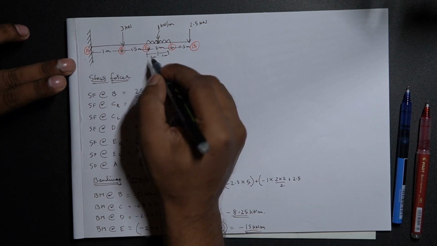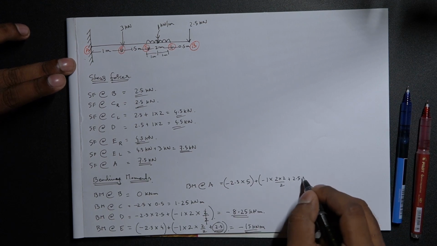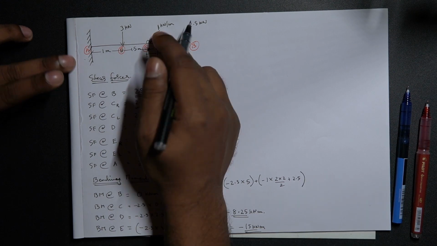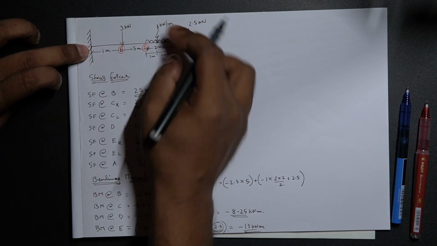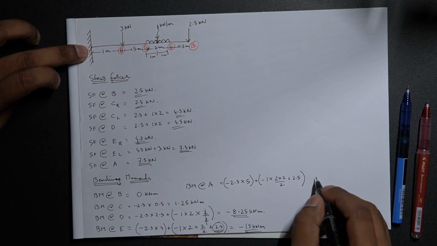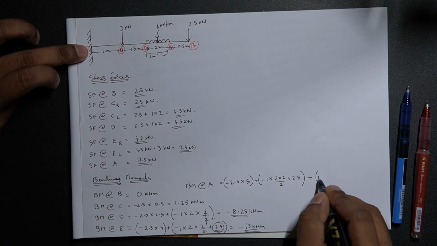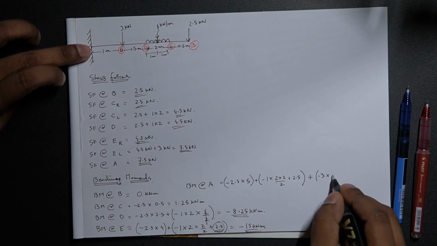That would give us 2.5. So 1 into 2 into 2 by 2 plus 2.5 would be the moment caused by the UDL happening over here. We have another load that is minus 3 kilonewtons acting at a lever arm of 1.